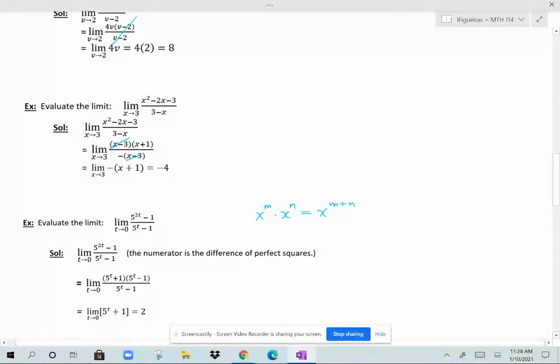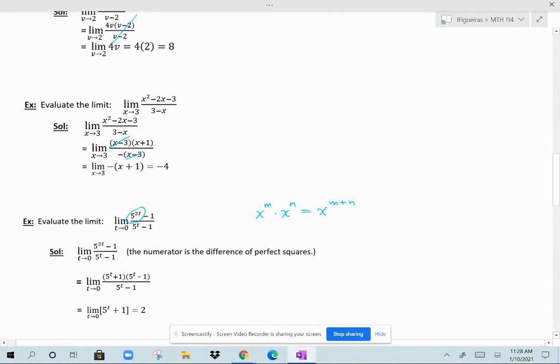So I'm going to break down the 5 to the 2t as 5 to the t and 5 to the t. Again, because 5 to the t times 5 to the t is 5 to the t plus t, which is 5 to the 2t.